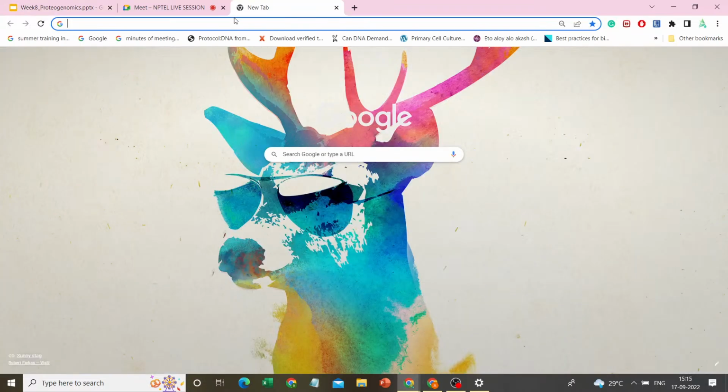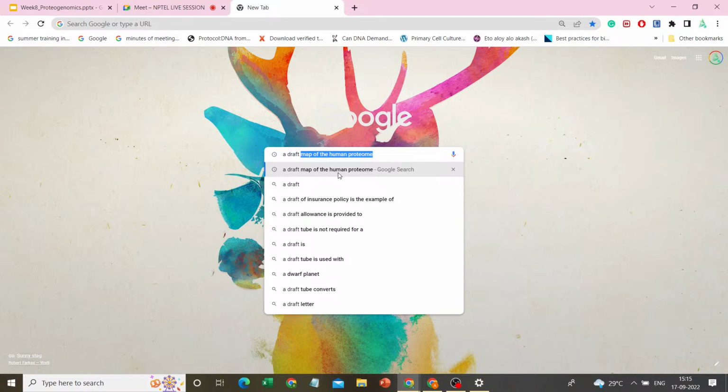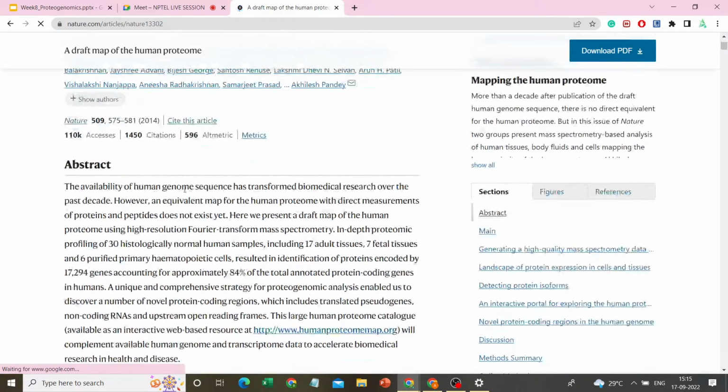So if we search for this paper, the draft map of the human proteome, as you can see, after the human genome sequence, proteomic profiling of 30 histologically normal human samples was done, which included 17 adult tissues, 7 fetal tissues, and 6 purified primary hematopoietic cells that identified proteins encoded by around 17,294 genes.